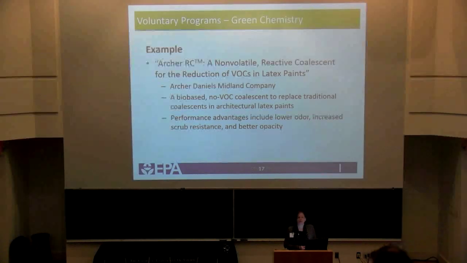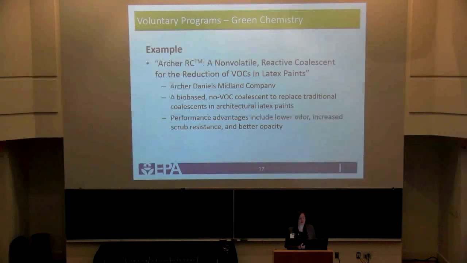The second example is Archer RC. It's a non-volatile reactive coalescent for the reduction of VOCs in latex paint. This was developed by Archer Daniels Midland Company. Basically, ADM developed a bio-based coalescent to replace traditional coalescents in architectural latex paint, which is actually the largest market for this particular kind of paint.